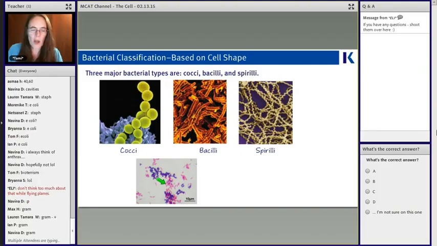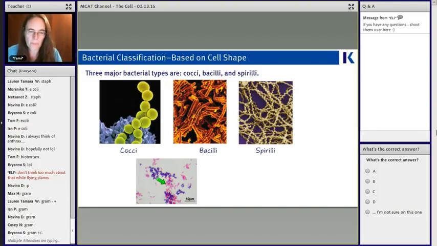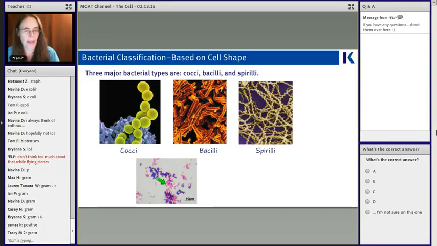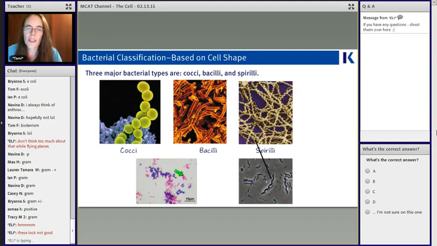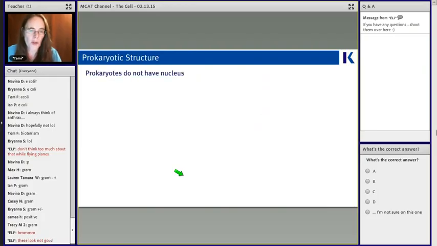Because we're going to be talking about it in just a second with the cell wall. Gram-positive and gram-negative. Absolutely, the gram-positive is going to really hold that crystal violet. That's going to be our streptococcus that we were looking at here. And our gram-negative is going to be our E. coli, our bacilli.